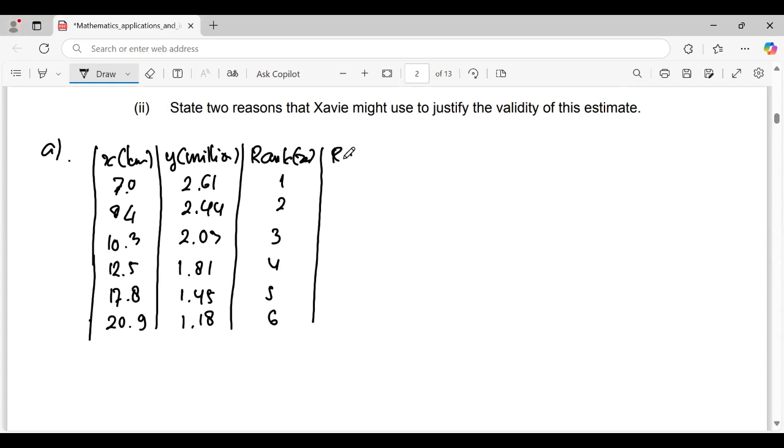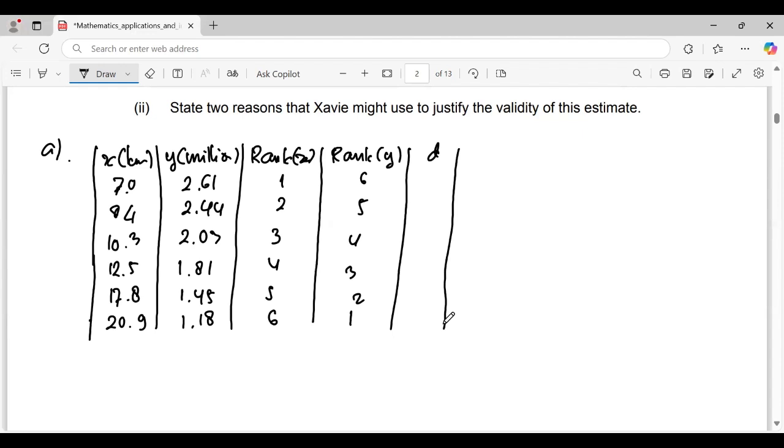After that, rank of Y: first, second, third, fourth, fifth, and sixth, here 6, 5, 4 and so on.